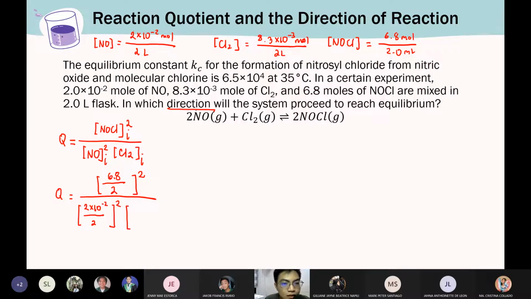And then for the Cl2, that's 8.3 times 10 raised to negative 3 divided by 2 liters. Again, do not forget to divide the moles by the volume, because if you forget to divide, it will be wrong. A waste of effort.